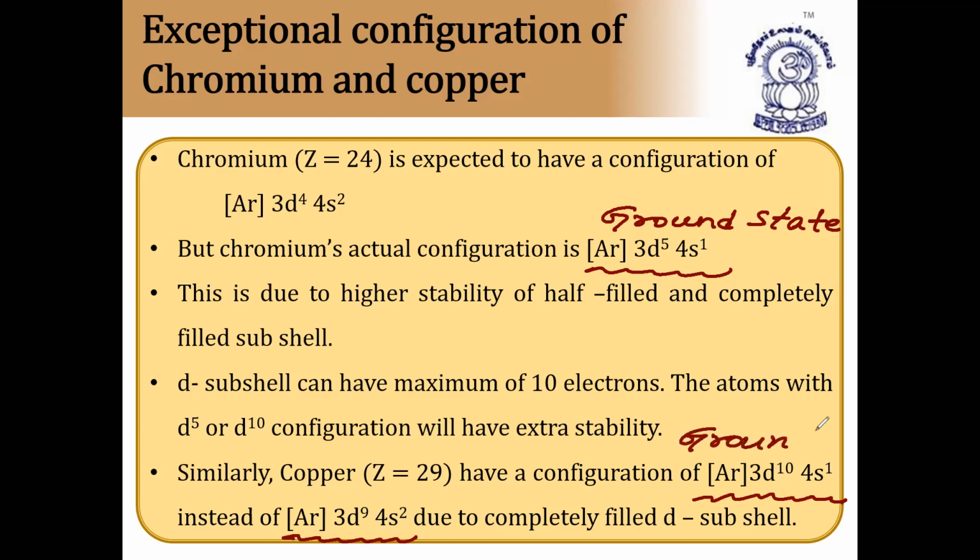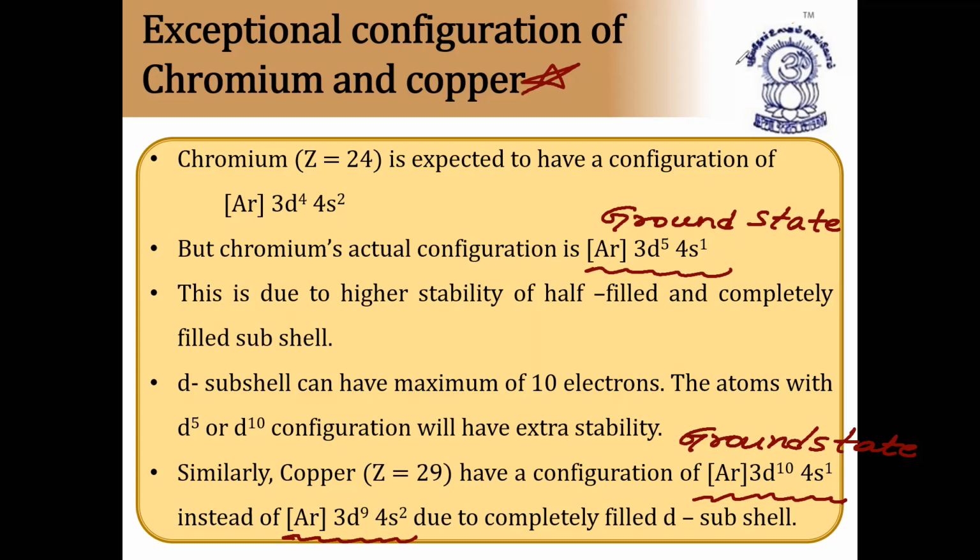For confusion's sake, they'll give excited state and ground state, but it is always ground state only. So remember this point. This slide is very, very important. Definitely you'll get a question. Chromium and copper have unusual electron configurations compared to the regular ones because of the higher stability of half-filled and completely filled subshells.